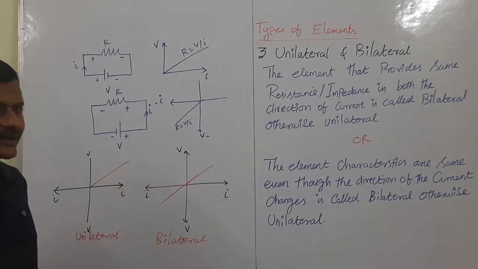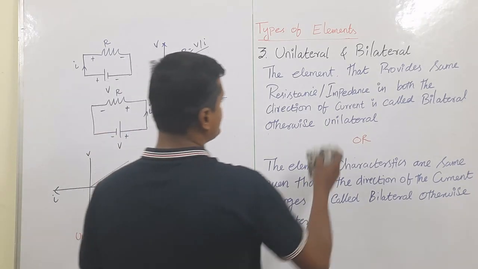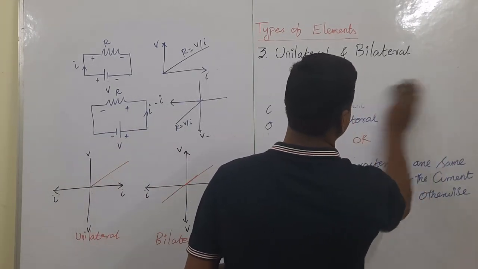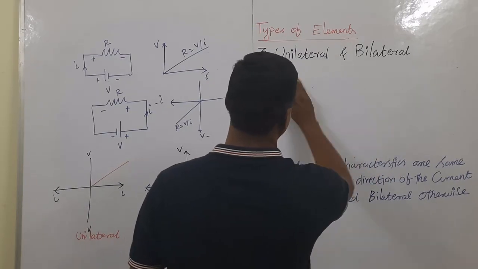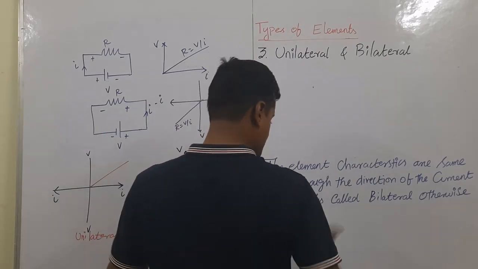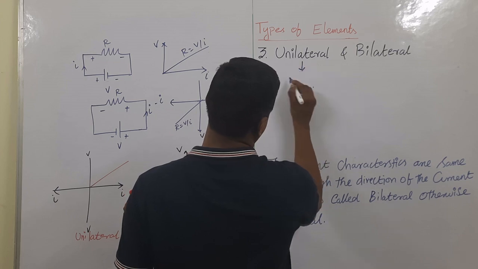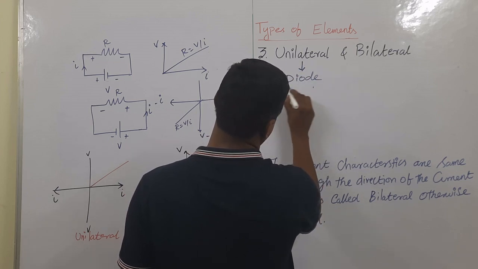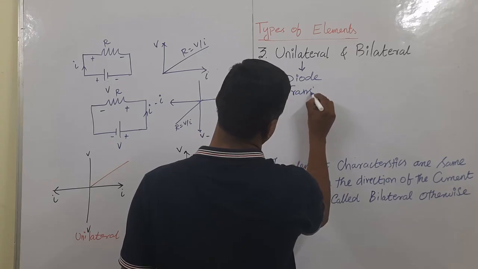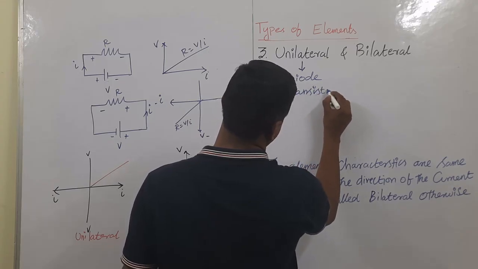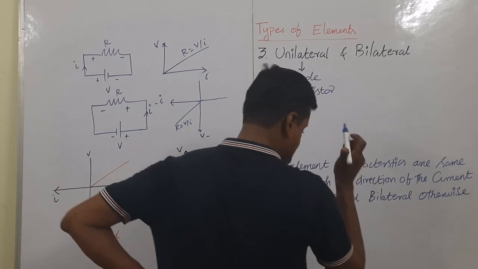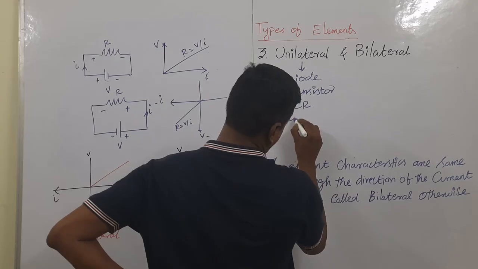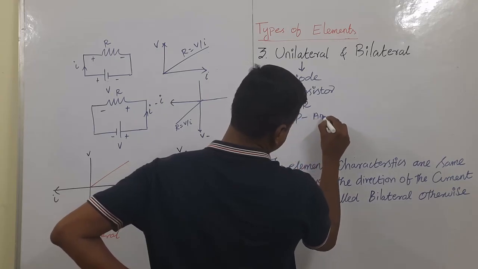So what are examples of unilateral and bilateral elements? For unilateral elements: diode, transistor, SCR, and op amp.